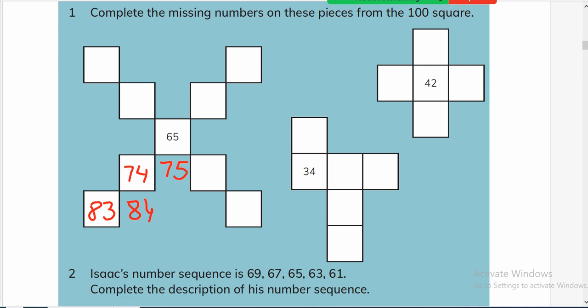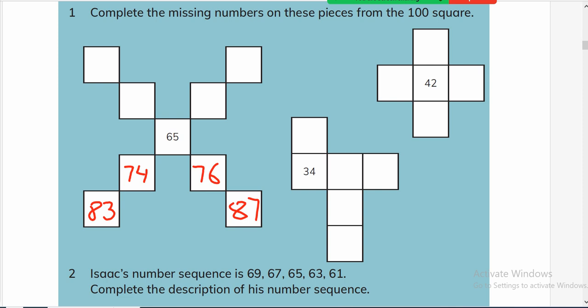Here it will be 76. And below 76 is 86. And here it is 87. Okay, if we go up, and after doing it, ask your kids to remove these numbers. They write with pencil already, so it is easy for them to do.